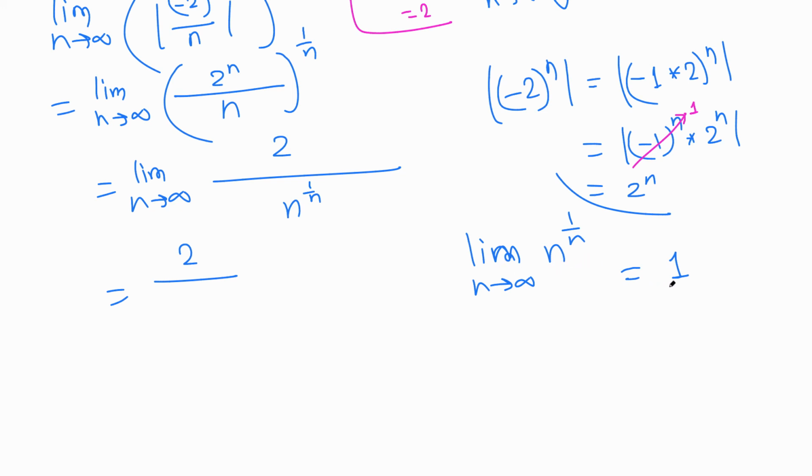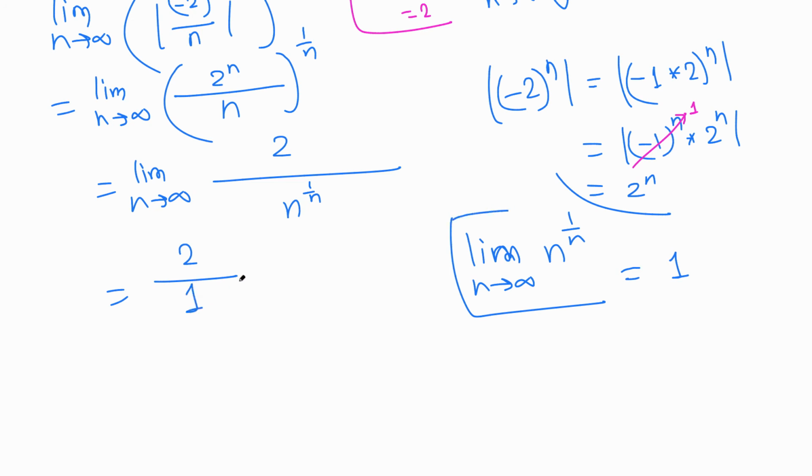Or you can get this idea: when n is very, very big, 1 over very big is kind of 0. This one goes to 0, this one goes to infinity, but this one goes to 0 faster than this goes to infinity. You can check. 1 over very big becomes much smaller. That means a number raised to kind of 0, so this limit is 1. But the actual proof is L'Hopital's rule.